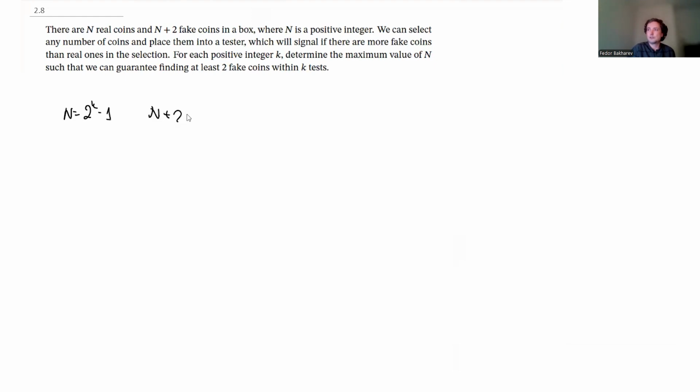So n plus 2 is 2 to the power k plus 1. And in total, there are 2 to the power k plus 1 coins. So let us discuss how to make the algorithm in this case.